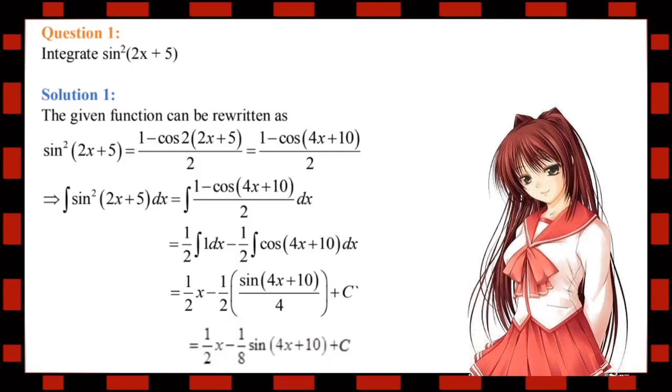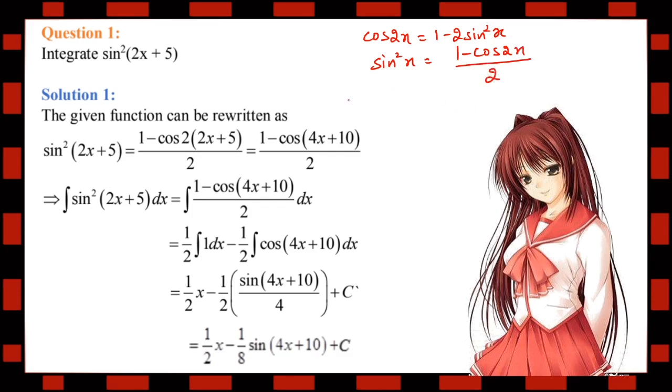Question number 1. Here we have to integrate sin square (2x plus 5). Before I start discussing the question, I would like to explain one thing. Students, do you remember this property, cos 2x is equal to 1 minus 2 sin square x? So from here, we can take out the value of sin square x, which is (1 minus cos 2x) upon 2.